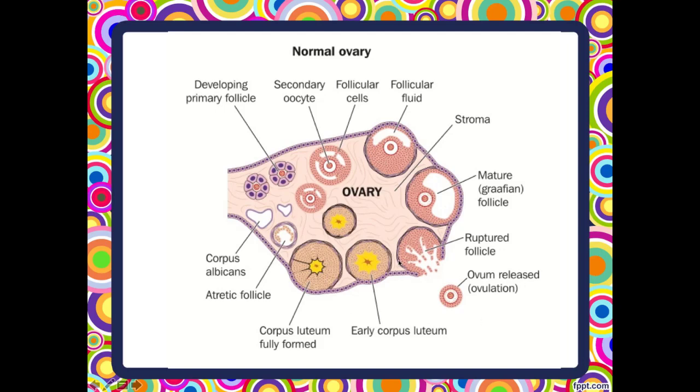The rest of the ruptured follicle stays within the cortex of the ovary, and it will change and transform into the corpus luteum.